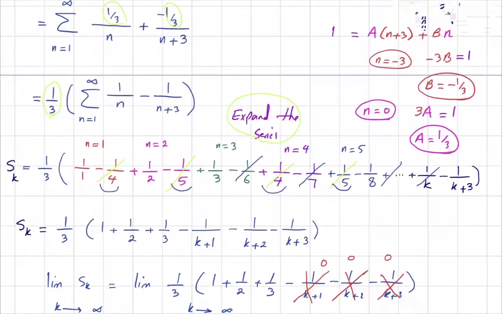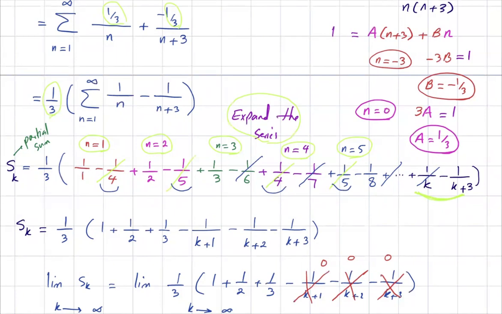S sub k, which is the partial sum, is a third. When I plug in 1, I get 1 minus a fourth. When I plug in 2, I get a half minus a fifth. When I plug in 3, I get a third minus a sixth. When I plug in 4, I get 1 over 4 minus 1 over 7. When I plug in 5, I get 1 over 5 minus 1 over 8 plus the rest of the terms. You can continue this process and add more terms here and before it.